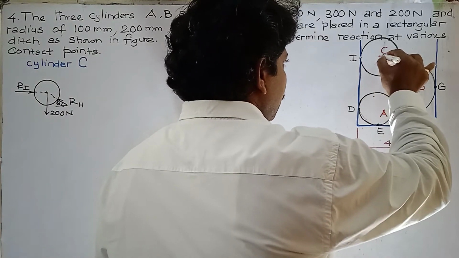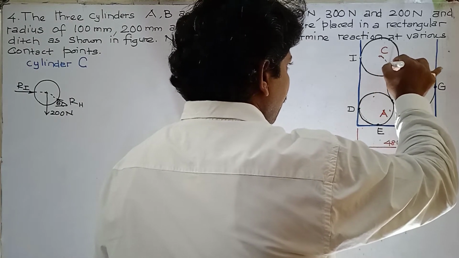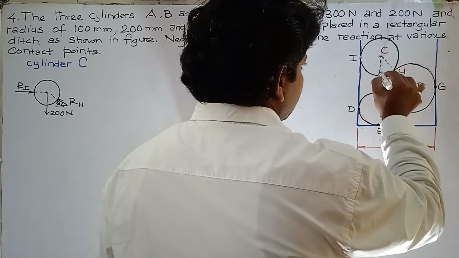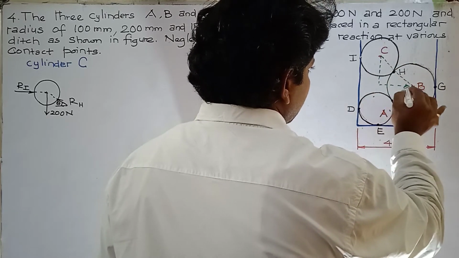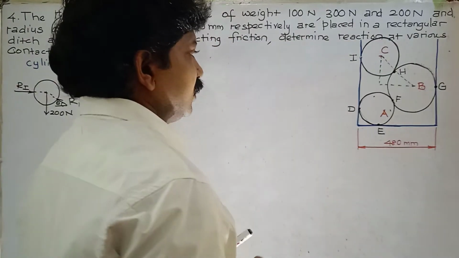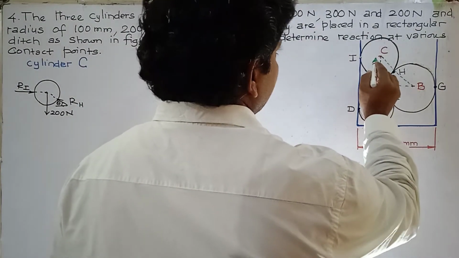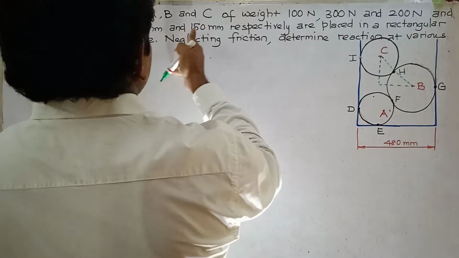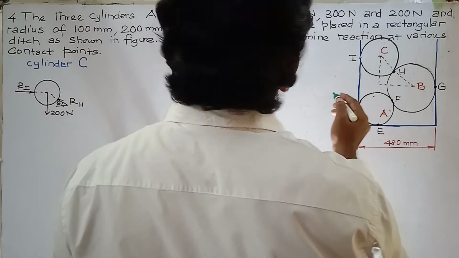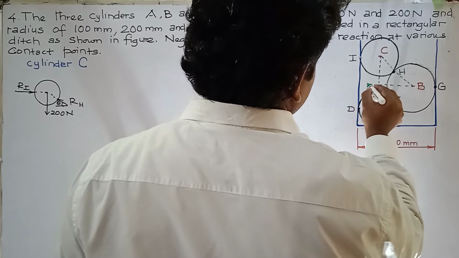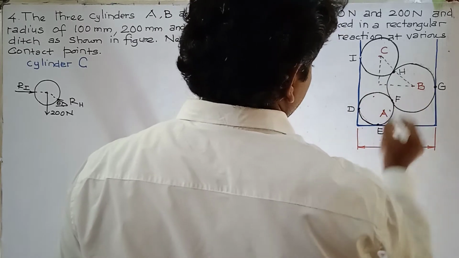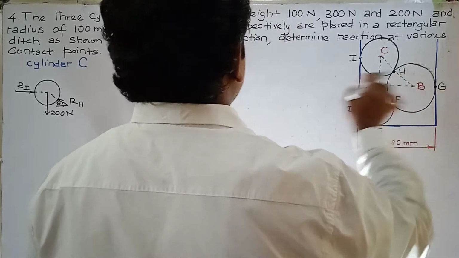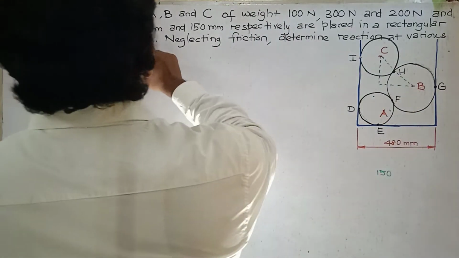The CG of C and B and the contact point are on the same line of action. What is the radius of cylinder C? 150 millimeter. So this distance is 150, and then the radius of cylinder B is 200.